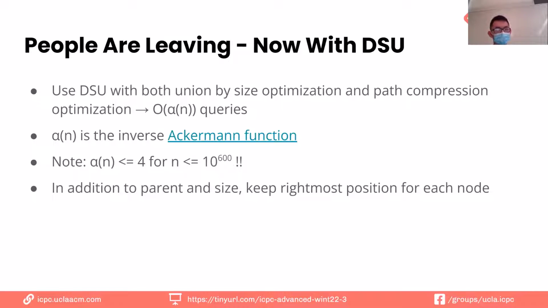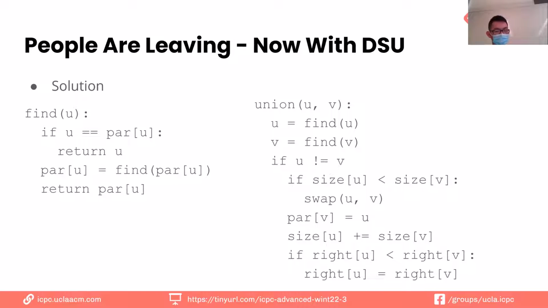And to solve people are leaving, the example problem we started with DSU, in addition to keeping parent and size, we also keep the rightmost position of each node, which is the answer for that set. Maybe that'll be more clear in the code. So here in find, we have the path compression optimization, and in union, we have the union by size optimization.